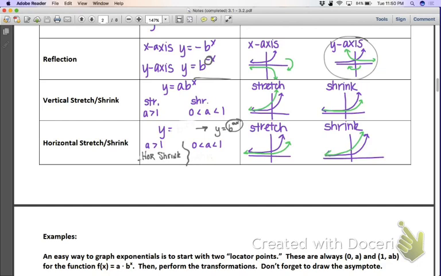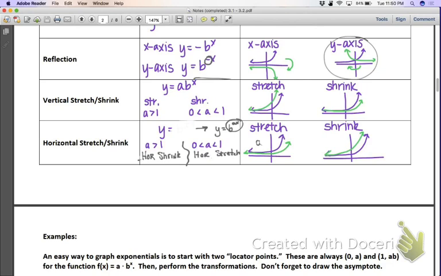Okay? If it's between 0 and 1, then it's going to be a horizontal stretch. So it's a stretch when we're dealing with... if a is bigger than 1, it's going to be backwards.